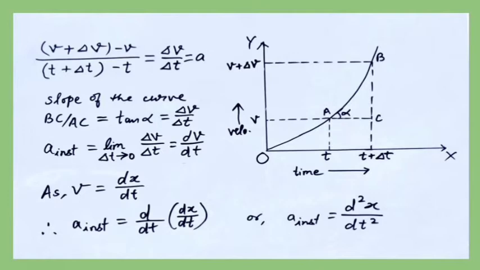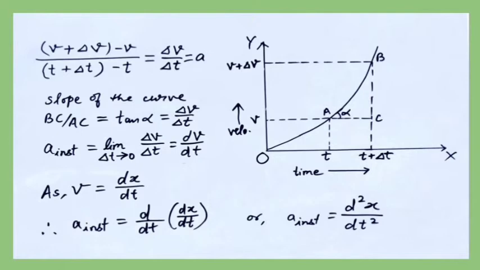In the graph, you can see the slope of the curve BC by AC, which is equal to tan alpha, is equal to delta v by delta t. And instantaneous acceleration is the limit delta t tending to 0 of delta v by delta t, which is equal to dv by dt.